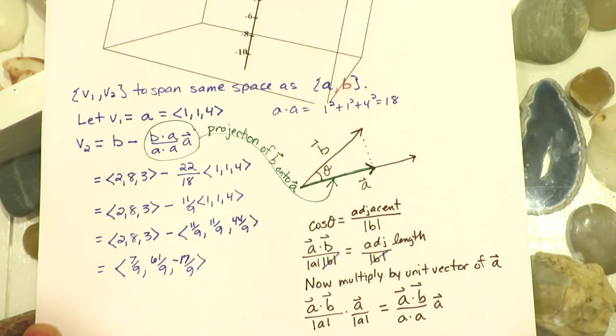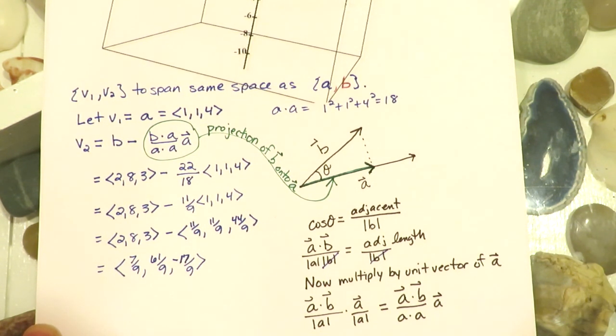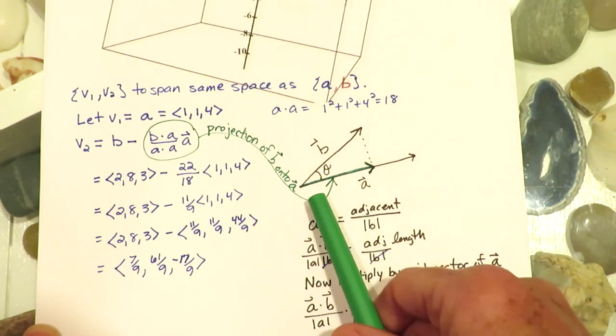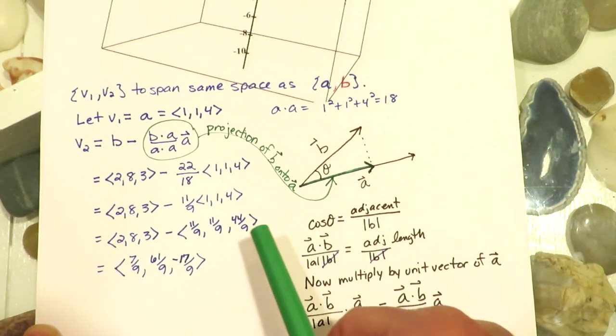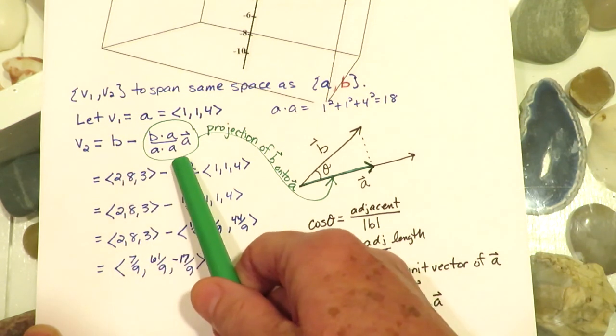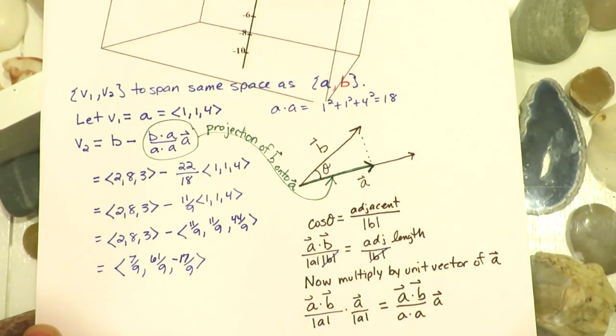That gives you a scalar, or a real number, and you multiply the vector A by that, and that will give you a vector that's projected onto A. But when you take B minus this new vector, it will give you a vector that is perpendicular to A, but still in the same plane that A and B formed.